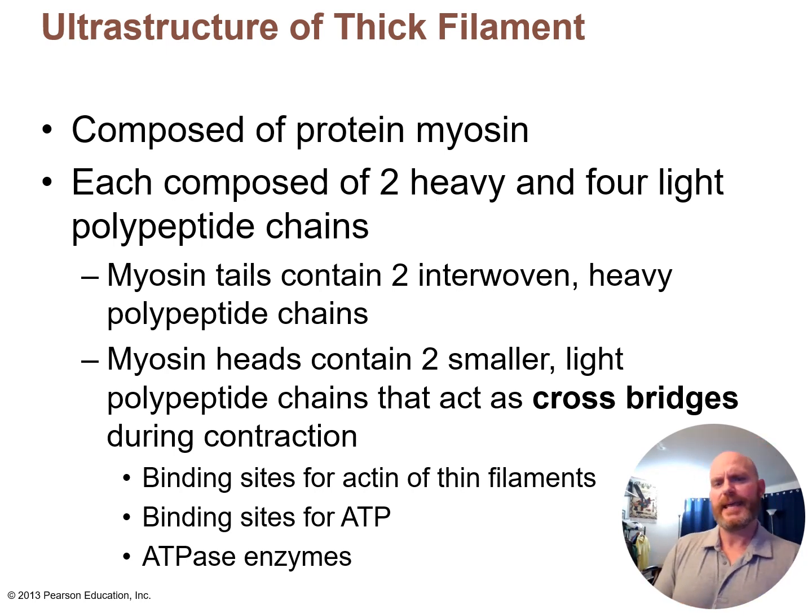Moreover, the myosin heads serve as binding sites not only for the actin of the thin filaments, but also for ATP. The ATPase enzymes, which is simply a way of describing the enzyme that breaks ATP down, allowing ATP to be used, are functional here.